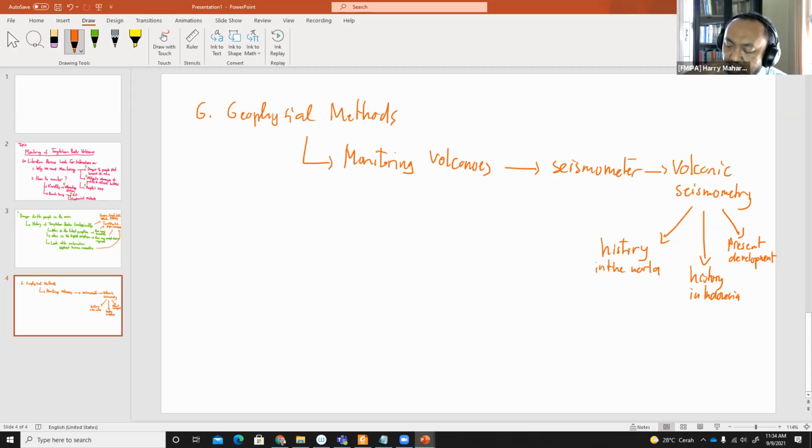And when the vibration becomes more erratic than in a normal situation, it means there is some kind of development of certain lava or magma inside that volcano that is ready to erupt at a certain time.